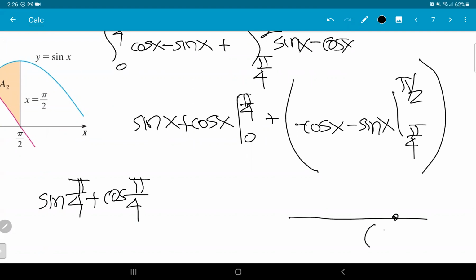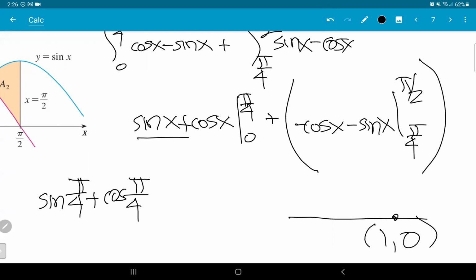If you still remember this topic on the special angles like 0, pi over 3, pi over 6, you just have to look at the coordinates on the unit circle. Then cosine is the x coordinate, and the y coordinate will give you the sine value.